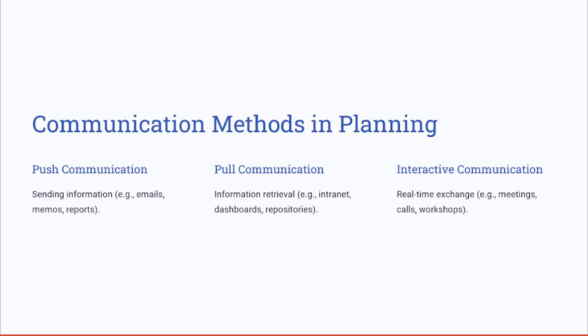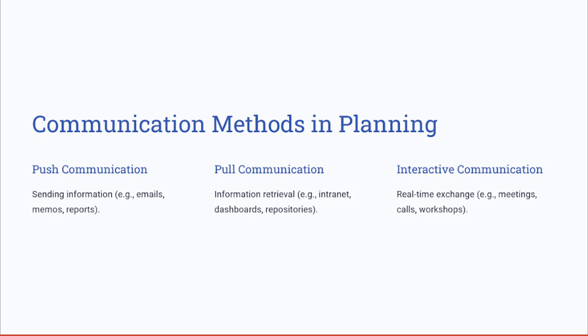Now, let's look into communication methods and planning. Choosing the right communication method is critical. The key methods are push communication, pull communication, and interactive communication. Push communication is useful for broad information sharing.